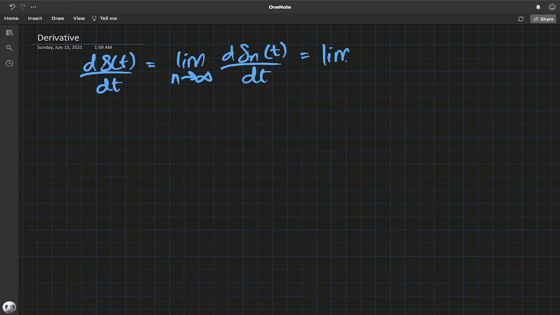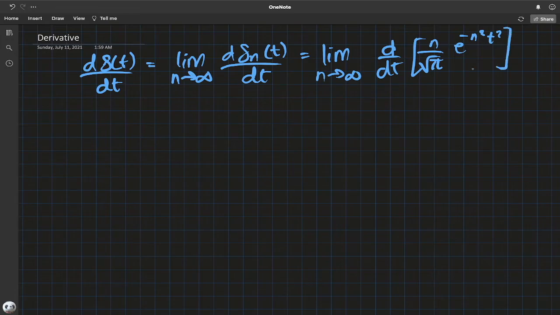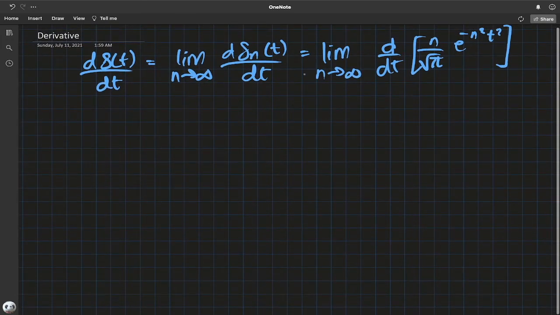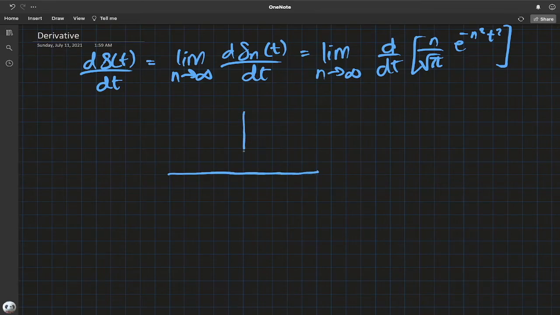So take the popular delta sequence, the Gaussian sequence, d over dt of n over square root pi e raised to negative n squared t squared. You know what the Gaussian delta sequence looks like; if you differentiate it, the derivative at some n value looks a little like this. It's one spike here and then one spike from below.